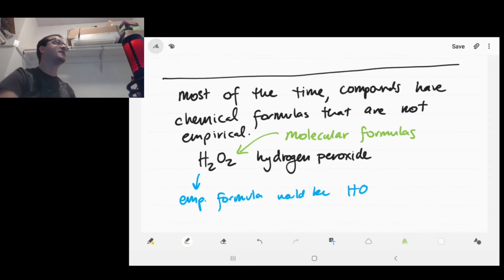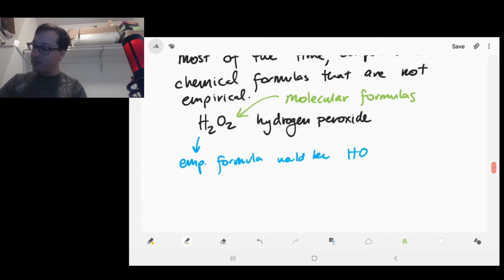But if we were to just say we burned this, we would end up with an empirical formula that's just 1 of each. So empirically, we can only get the lowest ratio. But oftentimes, things are multiples of that ratio. Those are molecular formulas.